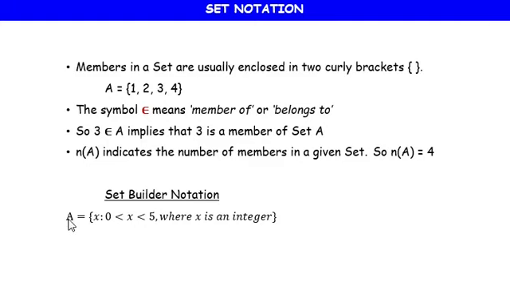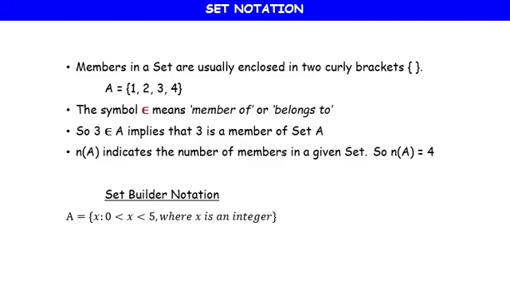We write the name of the set, A is equal to, then we open the curly bracket, and we use any variable, let's say x. So we have x such that, then we give a range for the members of the set.